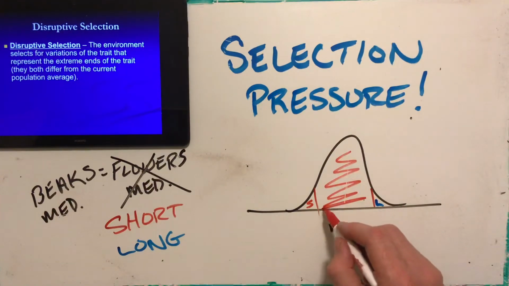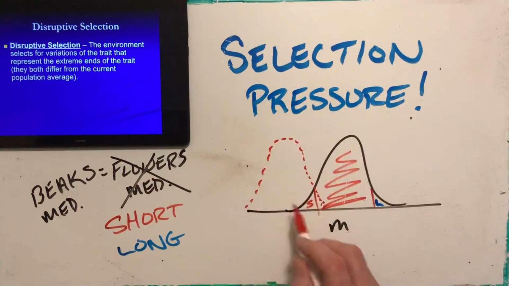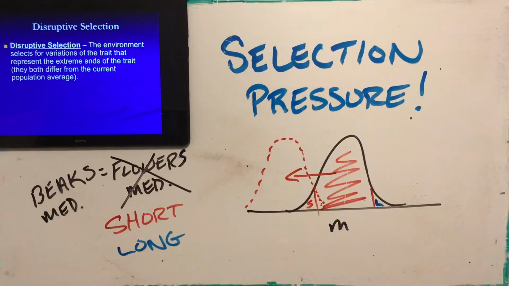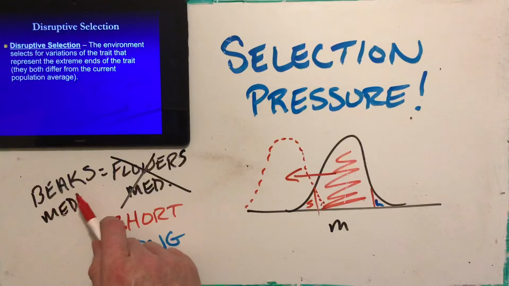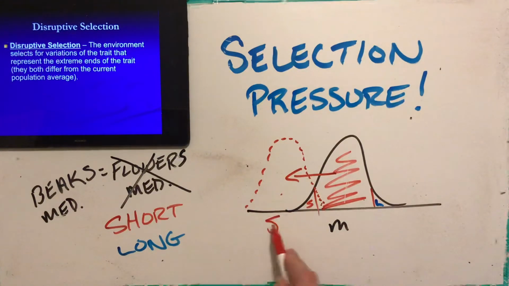All right? So what we see is the short beak ones can now thrive. And so we'll see a shift in this direction. Shorter flowers means the short beak birds can thrive. They're great at escaping predators. Their numbers go up. So short is going to have some positive growth.